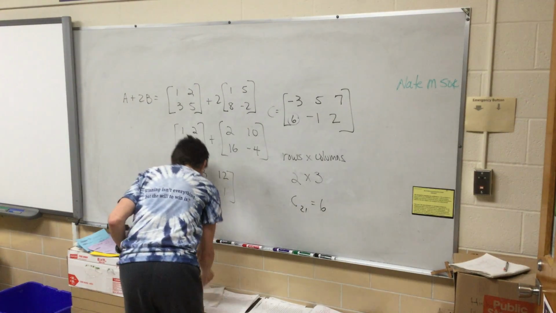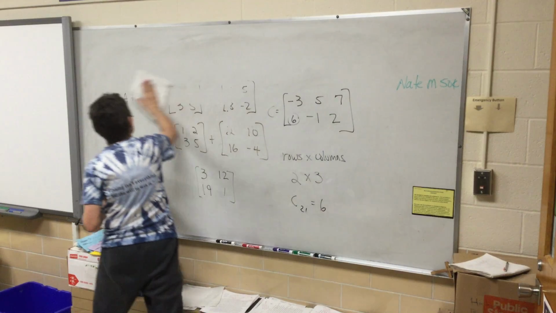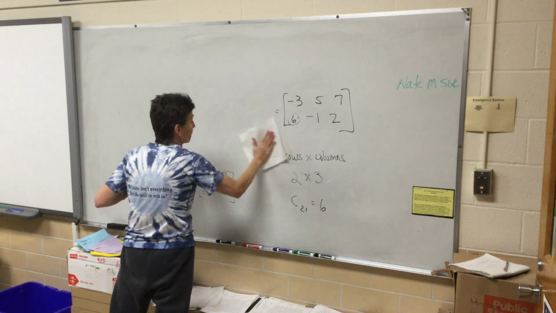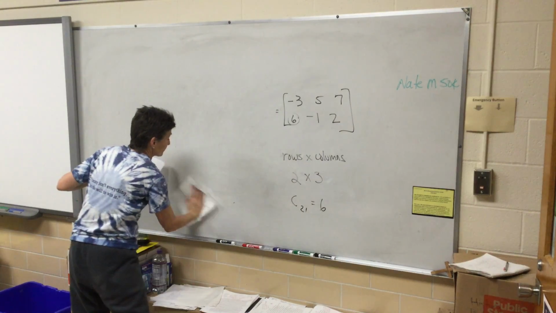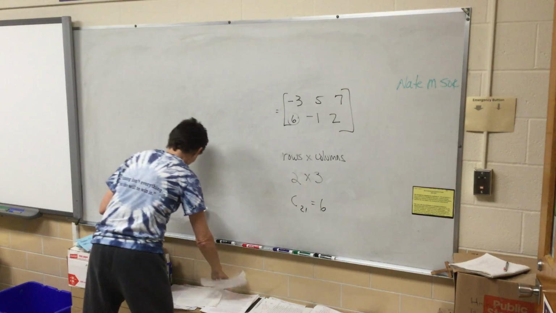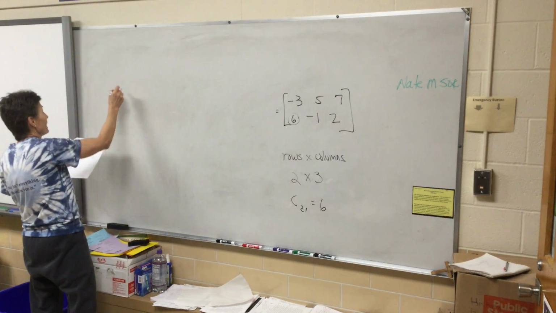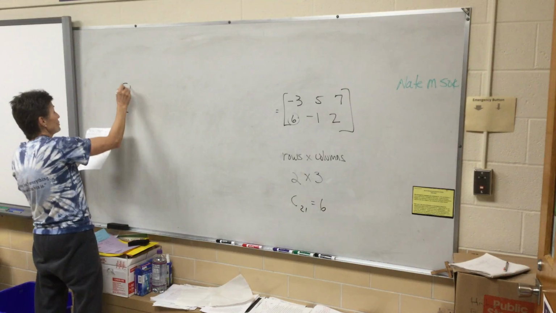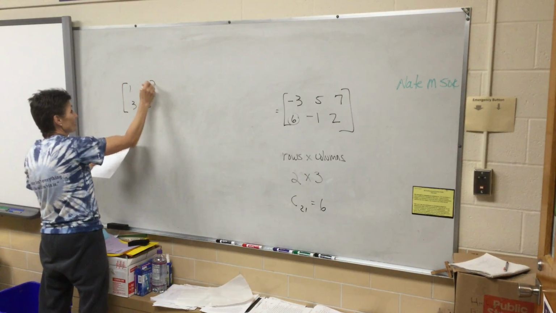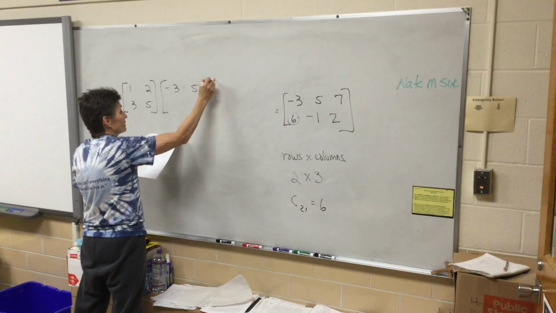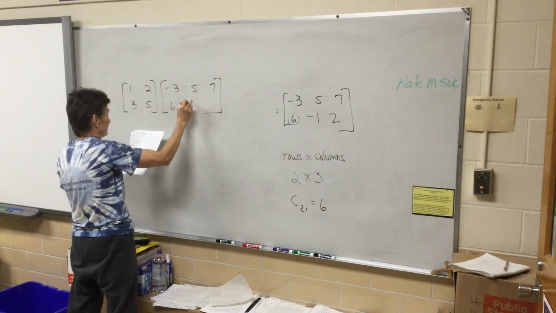All right, now this is the last thing we were talking about. Isn't it the dimensions, if they have the same number on the inside, it can work? Yep, that's right. So I'm going to write down what I'm supposed to be multiplying here. I'm supposed to be multiplying A, which is 1, 2, 3, 5, times C. 2 by 3, so it'll work.